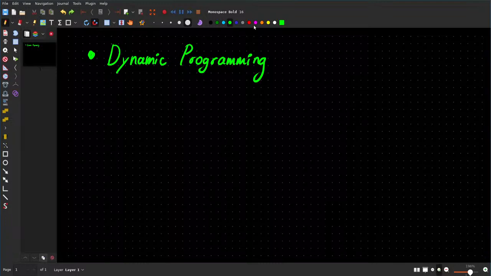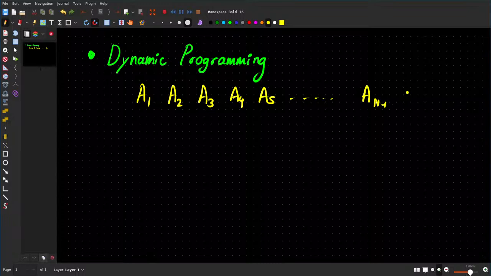So we are given an array A1, A2, A3, A4, all the way up to An minus 1, An. Let's say this is one-based indexing, and there would be some 4 indices.